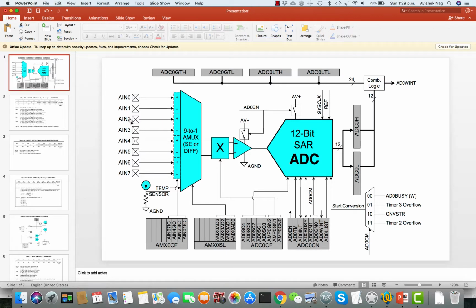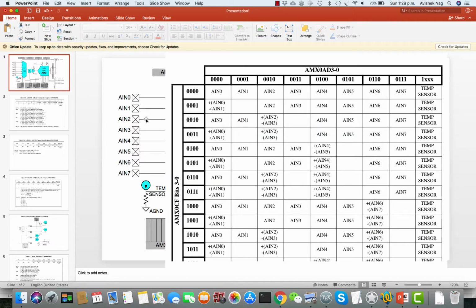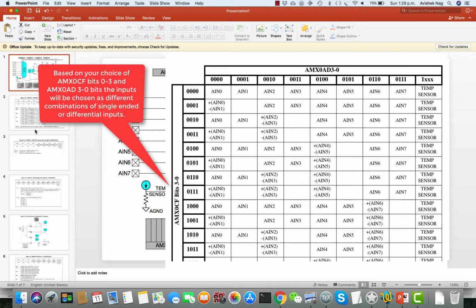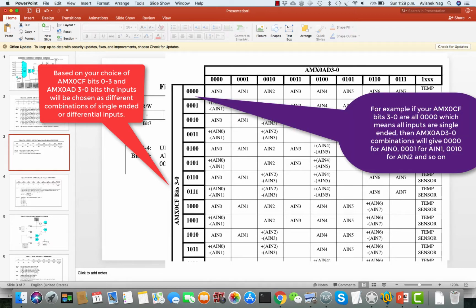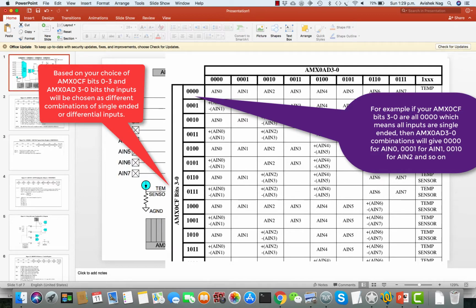which you will need to choose in your lab, because there is a potentiometer on chip that is connected to your AIN2. All you need to do is select 0010. That will select input pin 2, which has a potentiometer connected with your ADC.